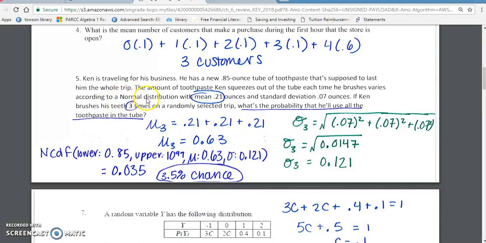That's really the only way we can solve this one. So if he's going to run out, it means he's going to use more than 0.85, or at least 0.85. So I made my lower bound 0.85. The upper bound is infinity, because we're just assuming it's everything greater than that value. Here's my mean, here's my standard deviation. You end up with a 3.5% chance.